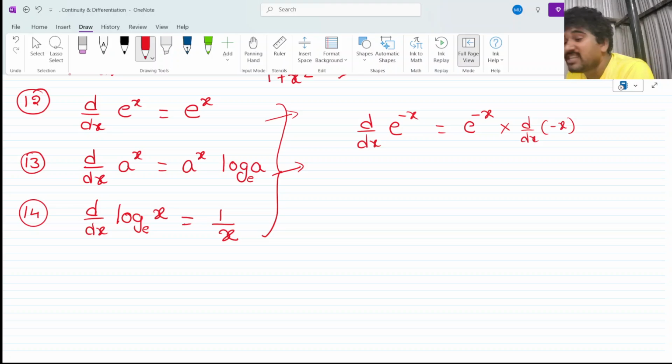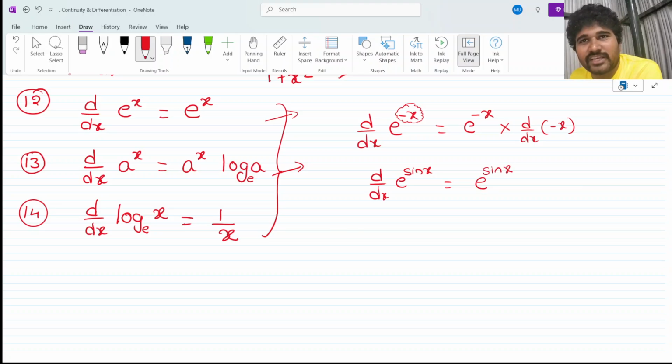I said, in place of your x, if anybody else is there, you write extra the differentiation of that somebody. Is that clear? Suppose d by dx of e power sin x is there. What will it become? e power sin x at first step. Correct? e power something, its differentiation is e power something only.